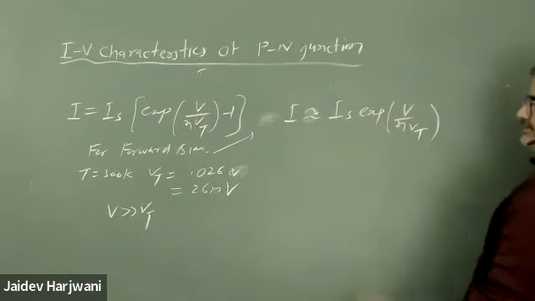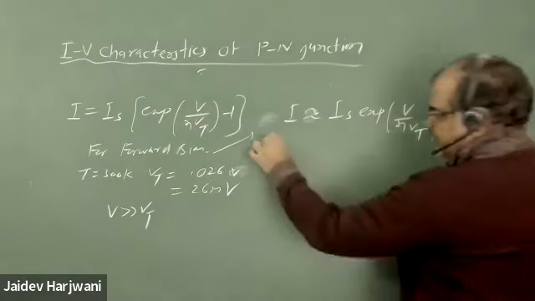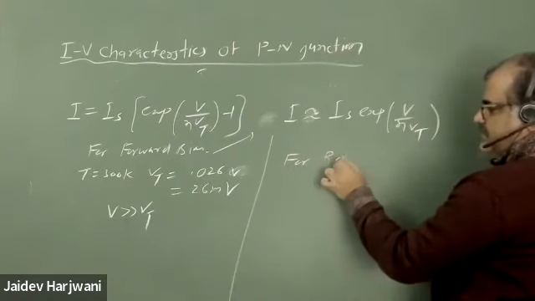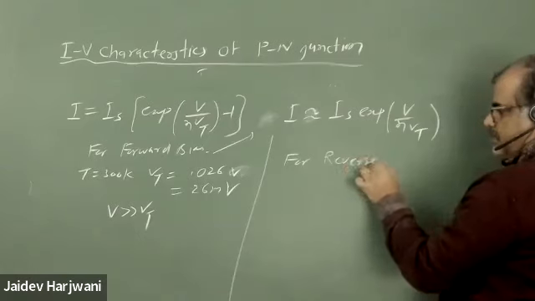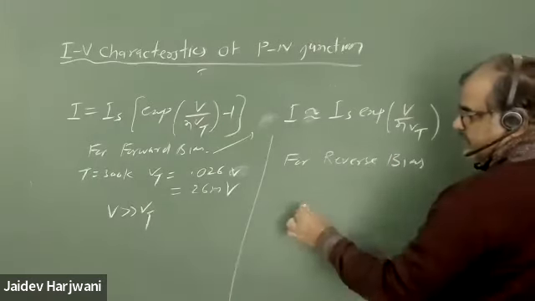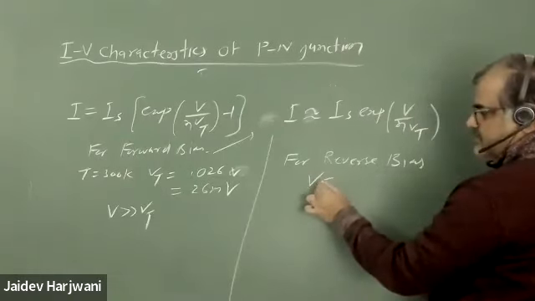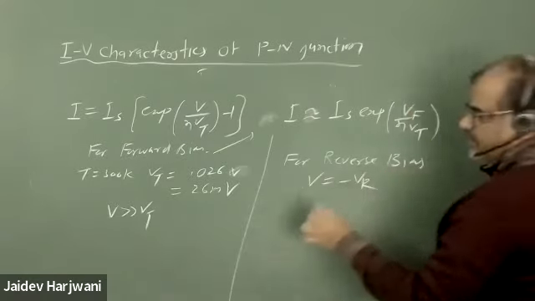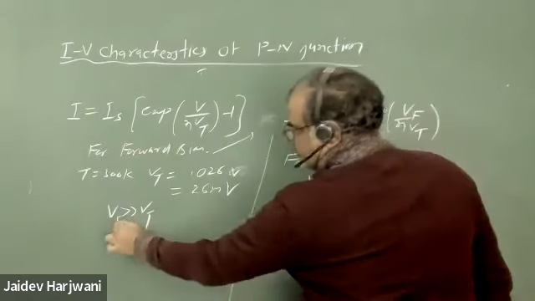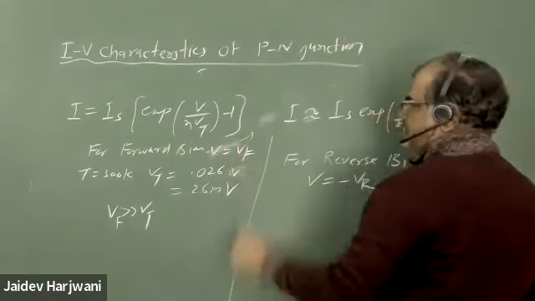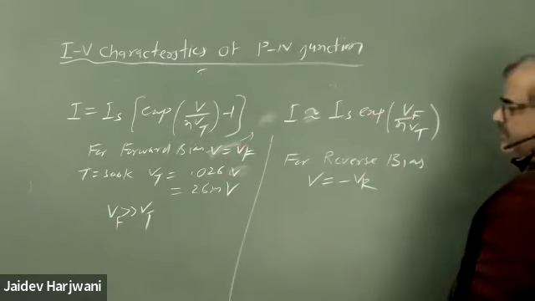Similarly, for reverse bias, my applied voltage is minus VR. Here, for forward bias, you can write V equals V forward. So this is my equation for current.